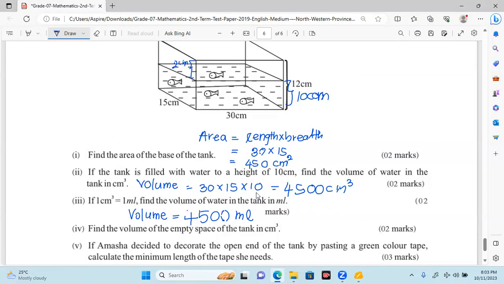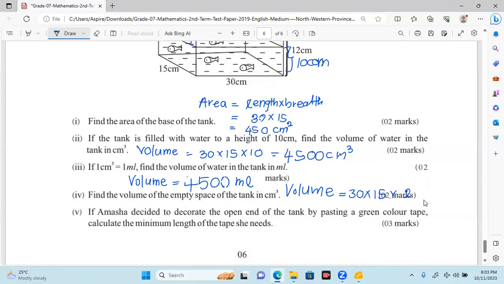Volume is equal to length 30 into 15 into 2. Therefore, it is 900 cubic centimeters.